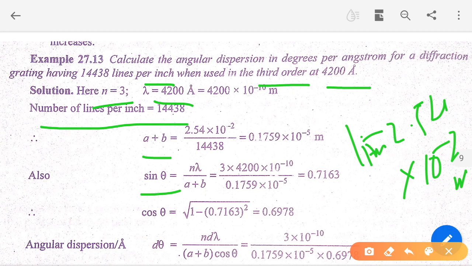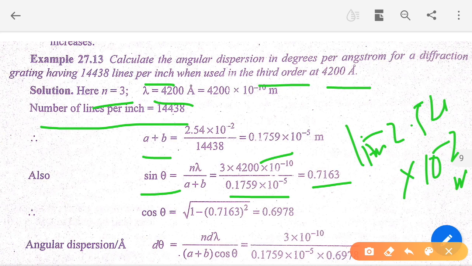Put in the values of n for the third order, lambda, and a plus b, and we get 0.7163 as sin theta. For cos theta, we know that cos square theta plus sin square theta is equal to 1.